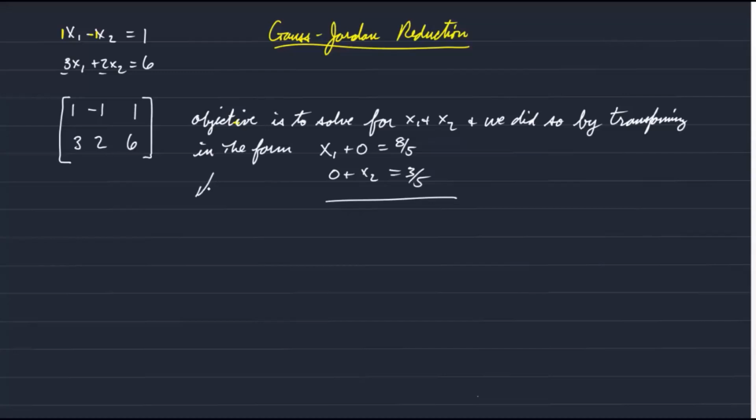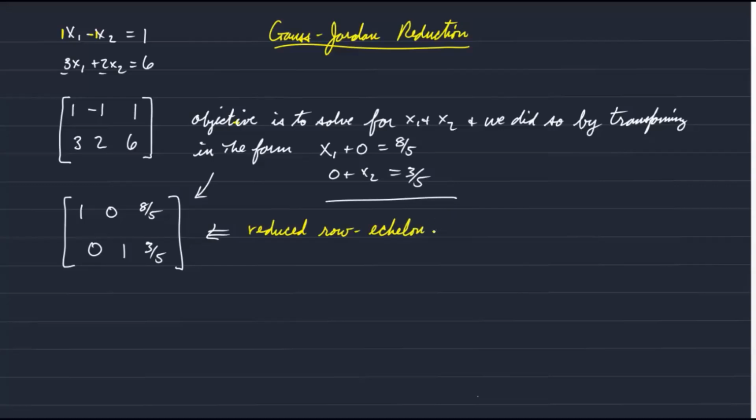And in matrix form, that is 1, 0, and 8/5, and 0, 1, and 3/5. And this form of a matrix is called reduced row echelon form.